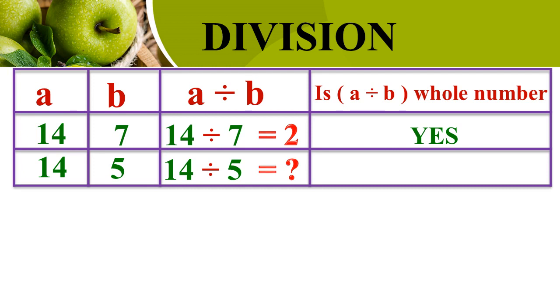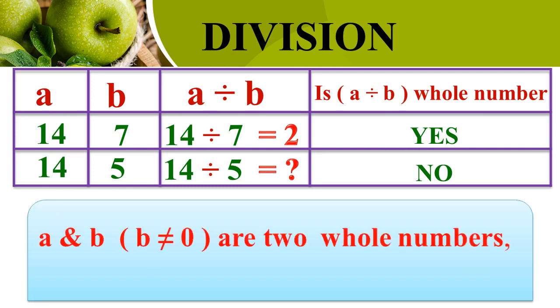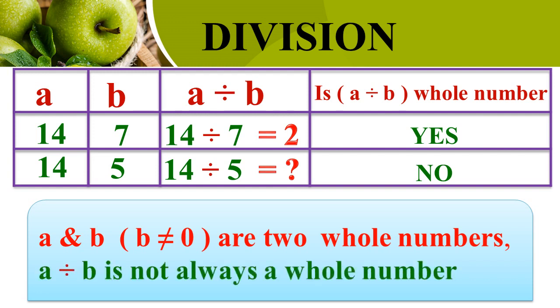Therefore, is A divided by B a whole number? No. For A and B two whole numbers with B not equal to 0, A divided by B is not always a whole number. Therefore, the closure property is not true for division.